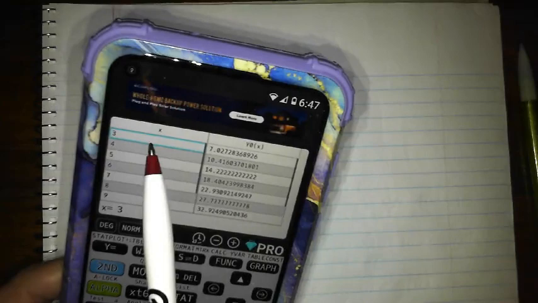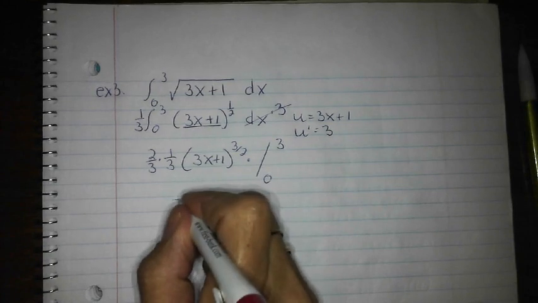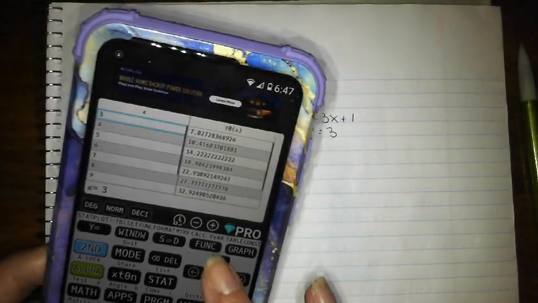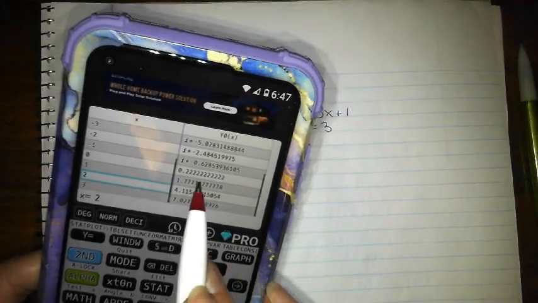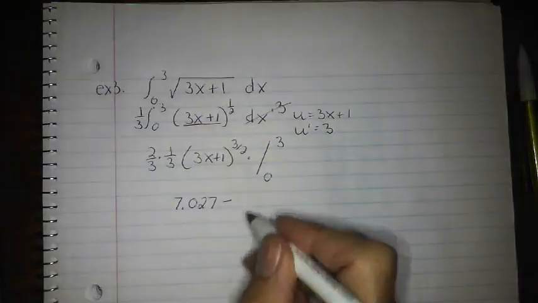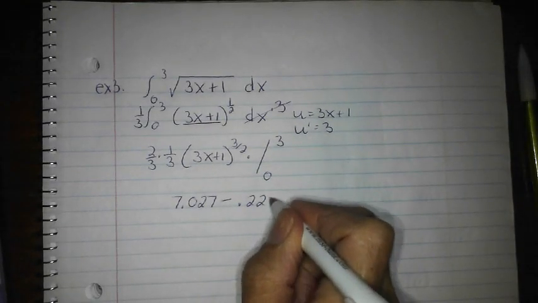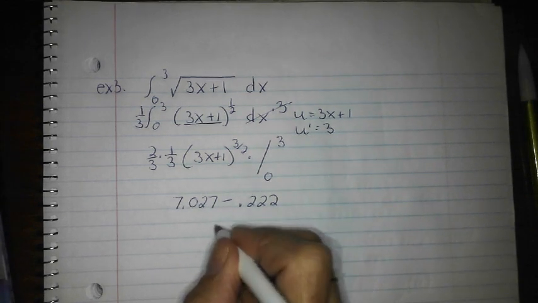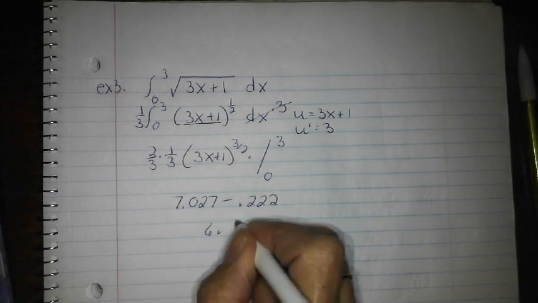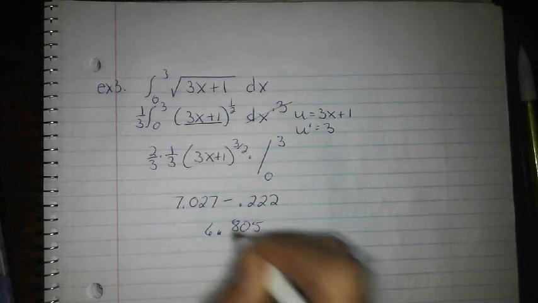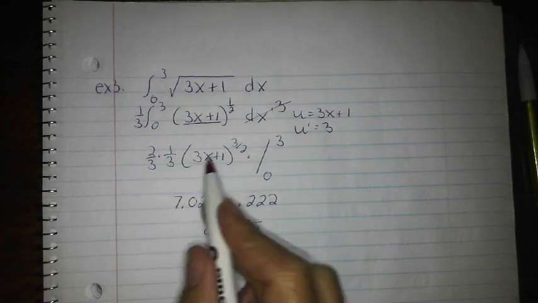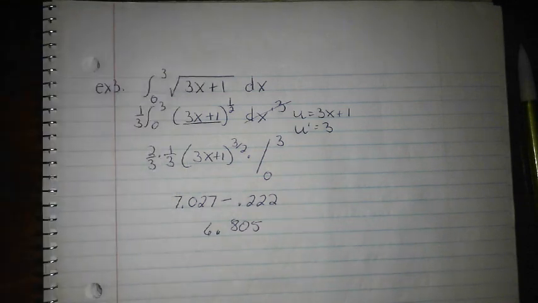It does the plug and chug for me. I get a 7.027 minus, if I go to the 0 is 0.2 repeating. Do the subtraction here, and I will have 6.05. So that's what I want to see for work. You don't have to show me the plug and chug. I'm assuming you're just doing it on the calculator.